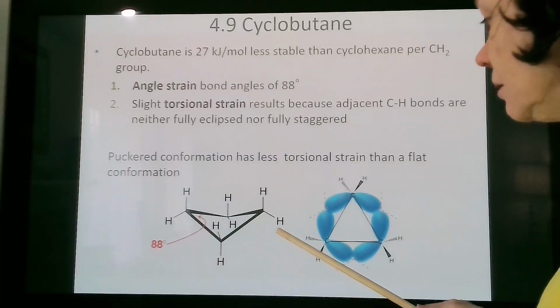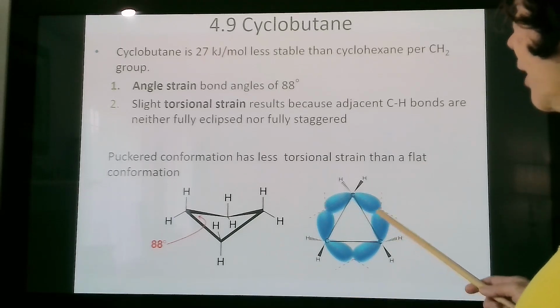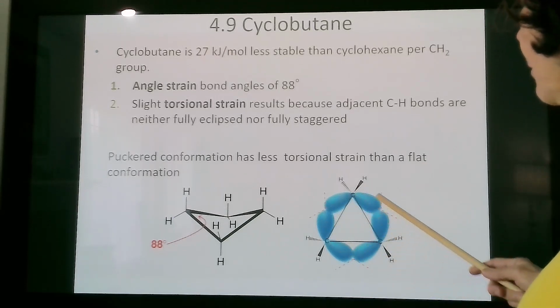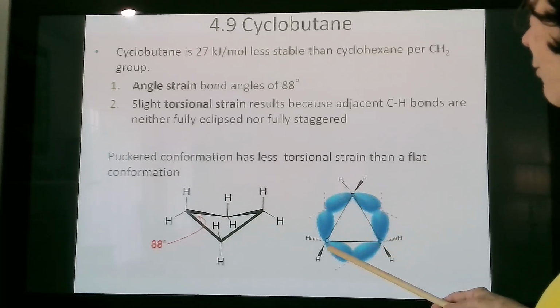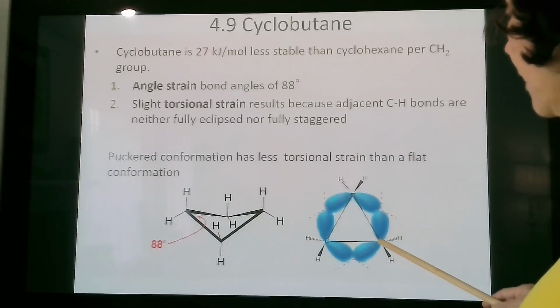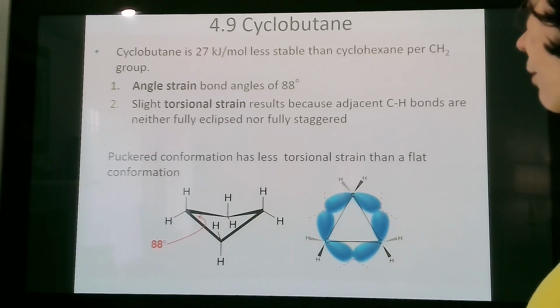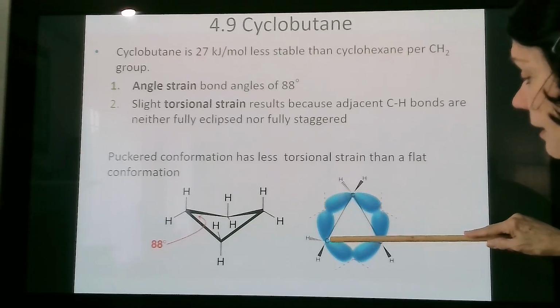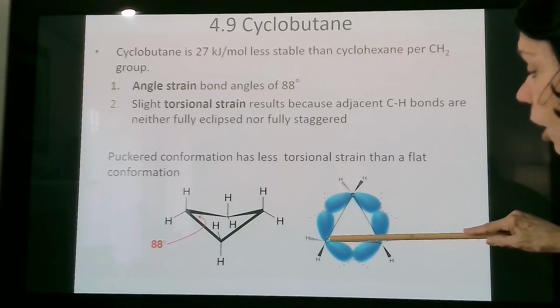I showed you this earlier here for cyclopropane. You've got the methylenes, the CH bonds of the different methylenes overlapping. You have the distortion of this, which should be an sp3 hybridized carbon.